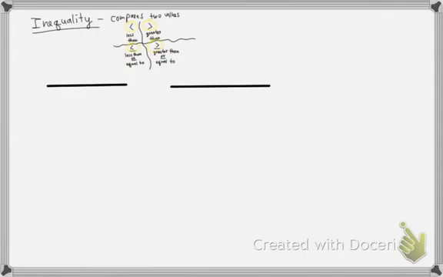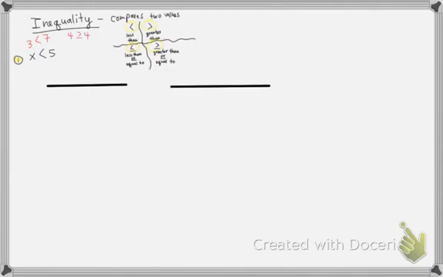Let's say I had something like this, question 1: x less than 5. This is going to look a little strange because the only work we've had with inequalities so far is stuff like, I'm going to write in red, 3 less than 7, 4 greater than or equal to 4.